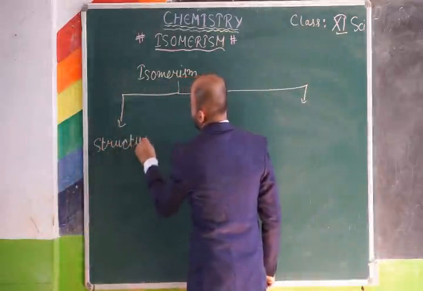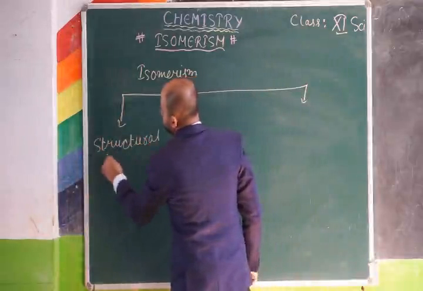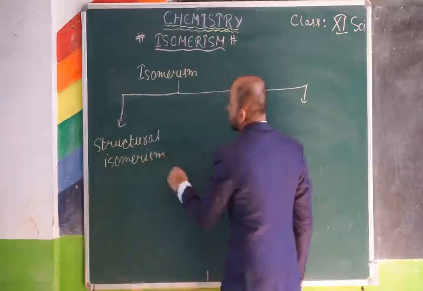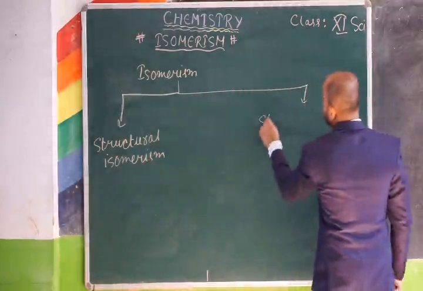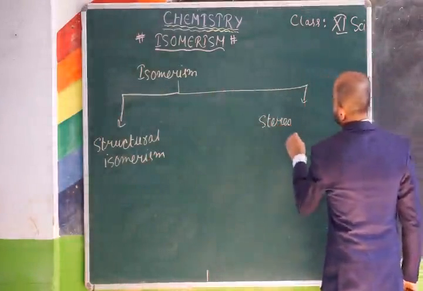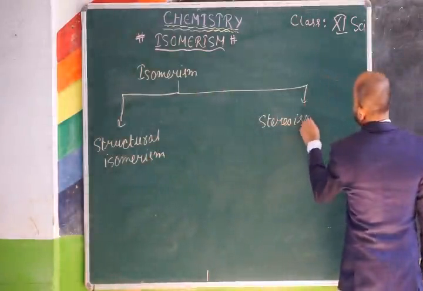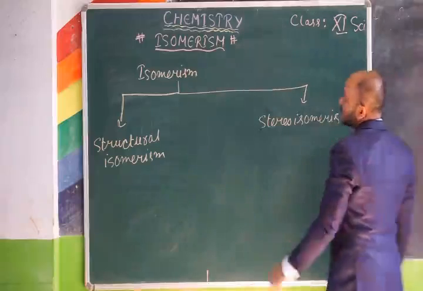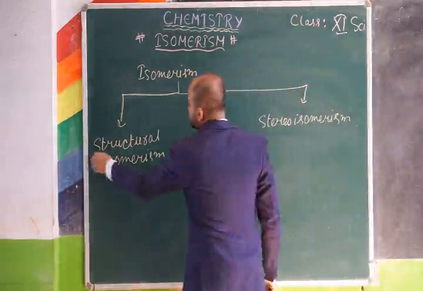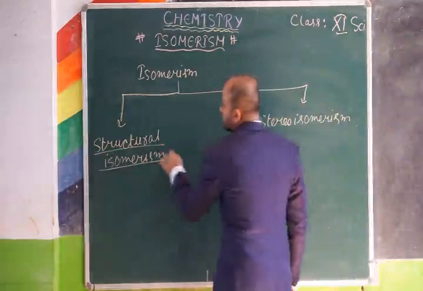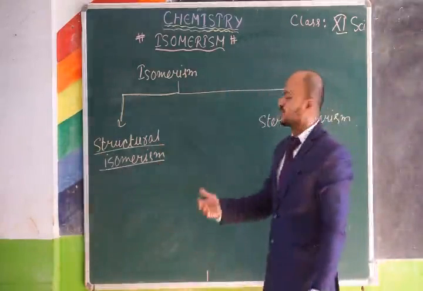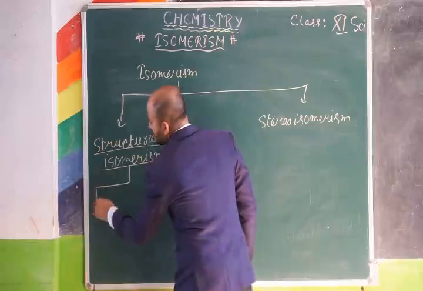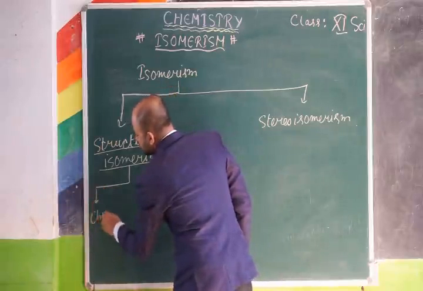Structural isomerism. The other one is stereoisomerism. Now this structural isomerism is further classified into different types. The first is chain isomerism.